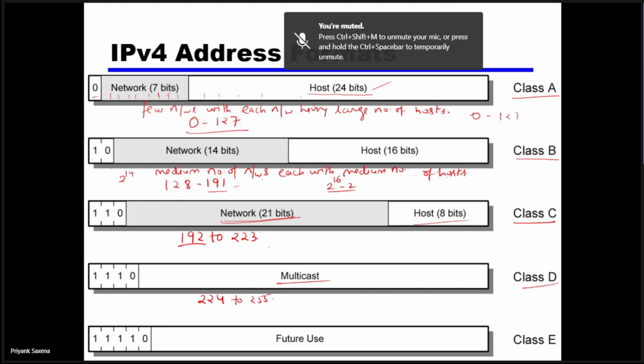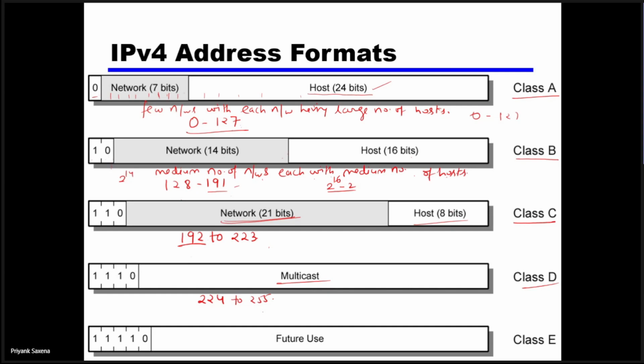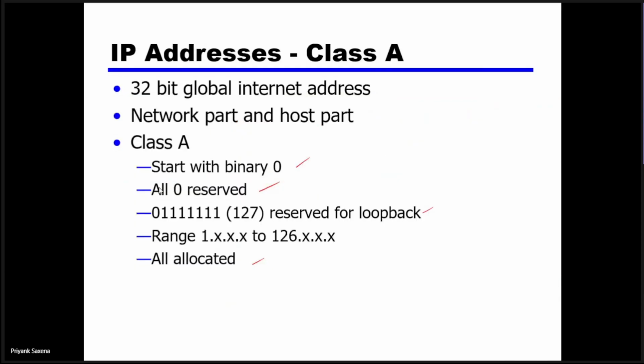Whenever you assign addresses in class A, B, or C, always remember that the first address, when all the bits are 0, in each network will be reserved, right?